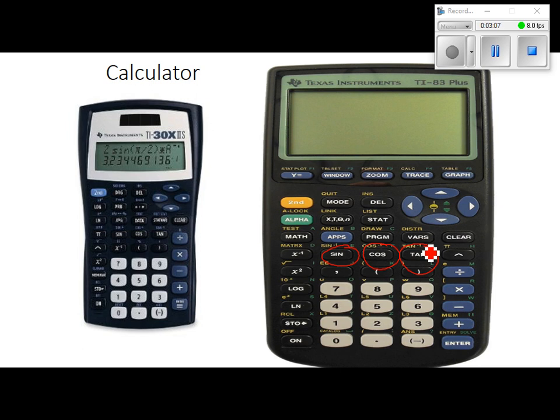So sine 63 degrees, hit equals. What does your calculator say? Does everybody's calculator say that? Yes. You said 0.8, right? 0.891, so on and so on. Everybody says that. You got to make sure that your calculator says the same thing ours does.